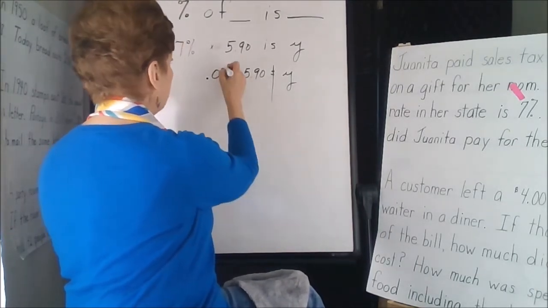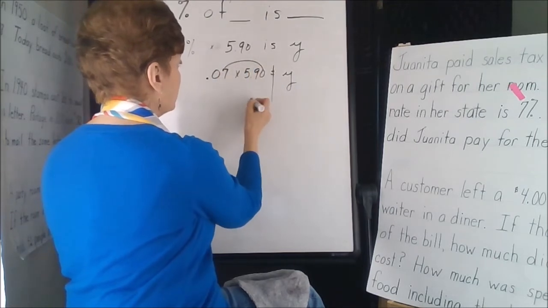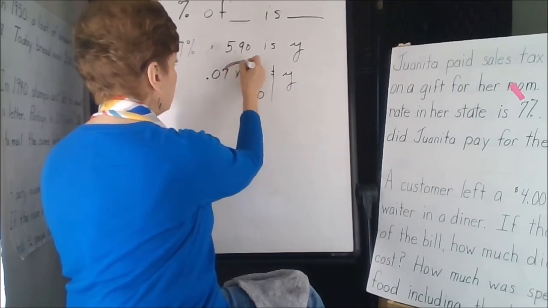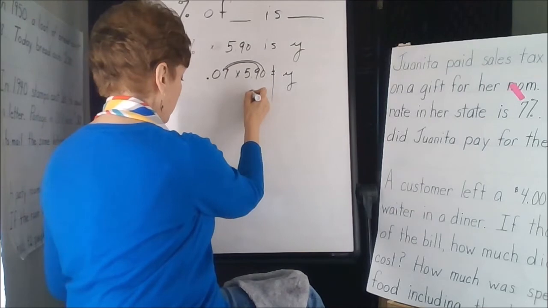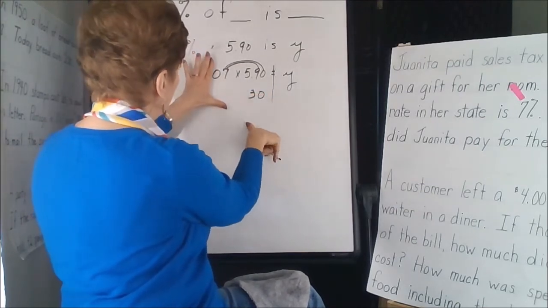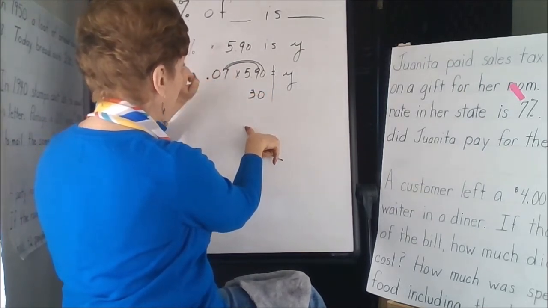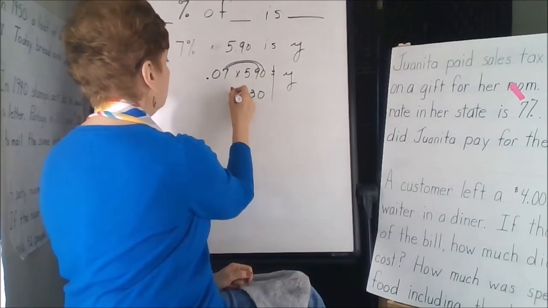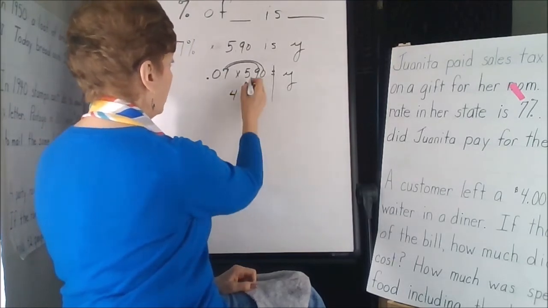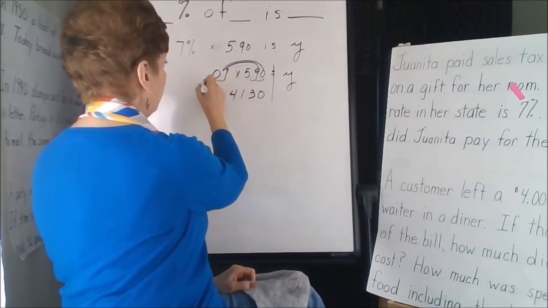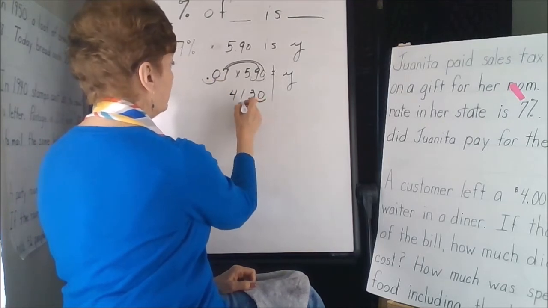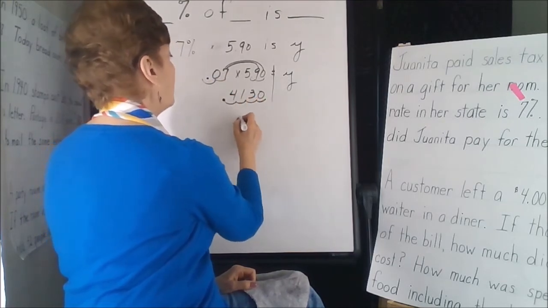Okay, so we would go 7 times 0 is 0. 7 times 9 is 63. I'm carrying 6. 7 times 5, 35, 40, 41. All right, and I have 1, 2, 3, 4 places.